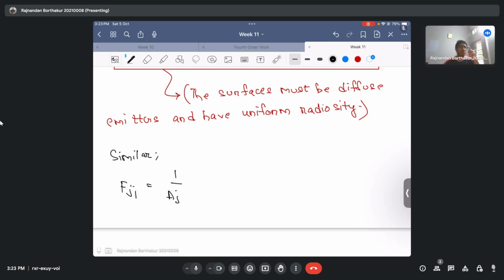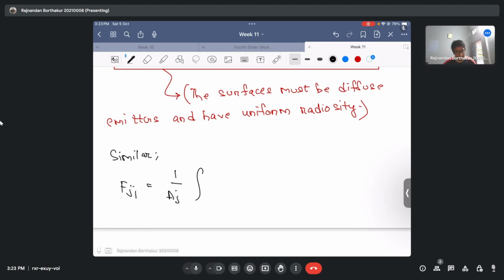Fij has the area of the ith surface, whereas for Fji, the radiation leaving surface J intercepted by surface I, it will be 1 upon Aj, and then the integral will of course be the same.